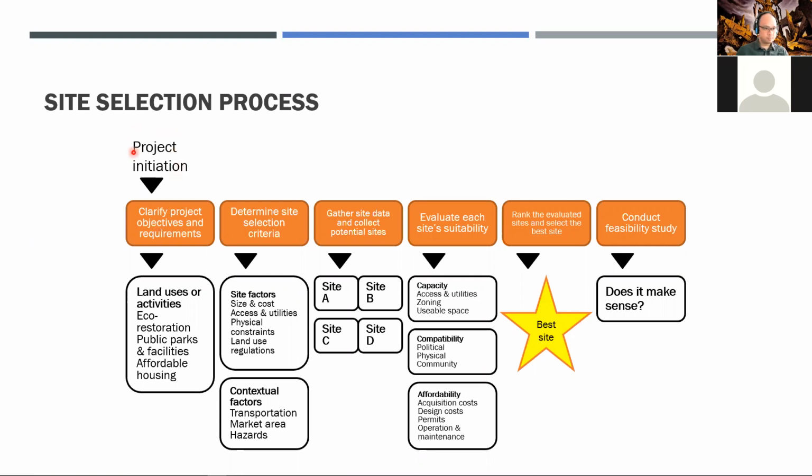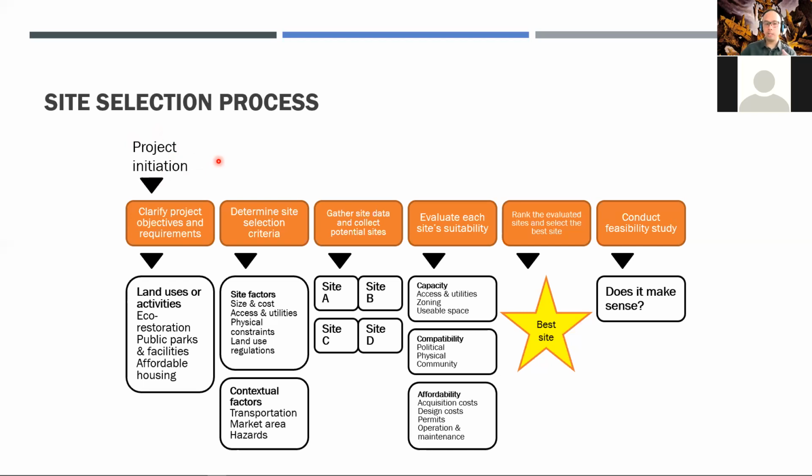Project initiation. Again, the project can be initiated by your client, or you can initiate a project to sell to a potential client, or to convince a potential client.